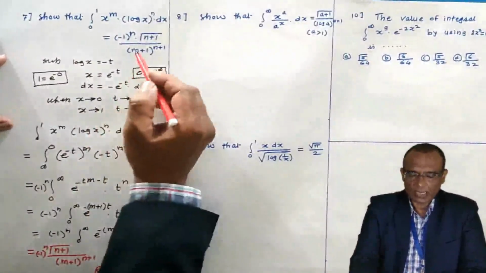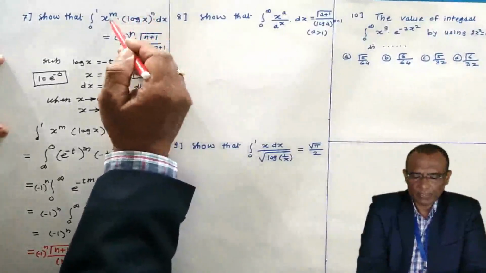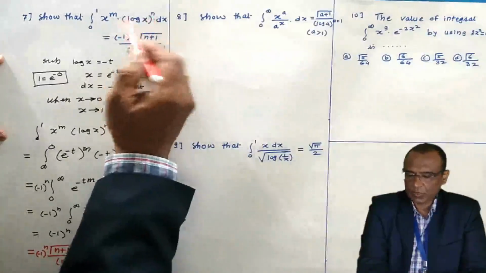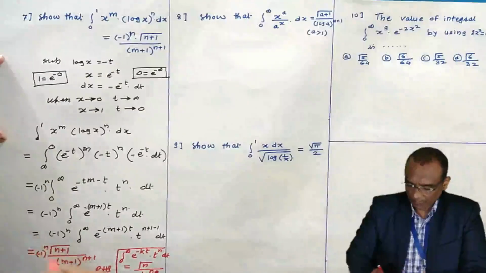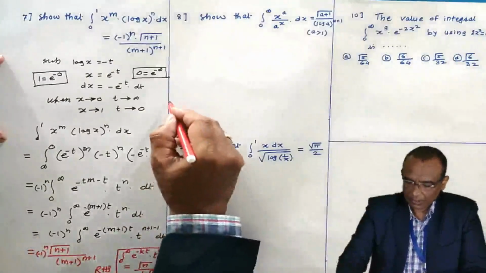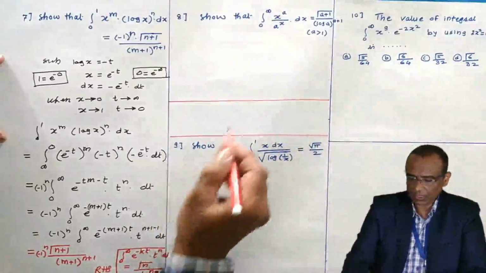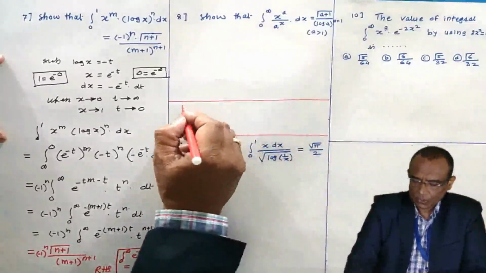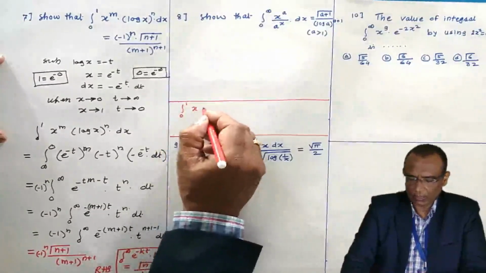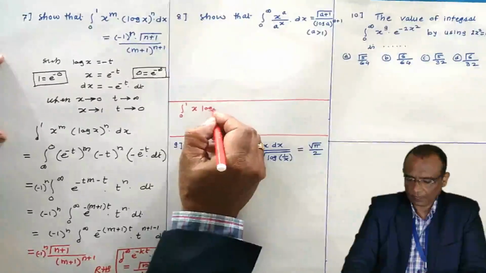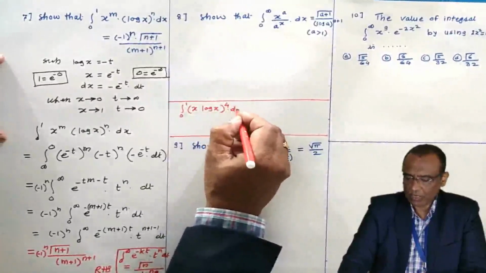In examination as an MCQ, m and n may be replaced by any other fixed constant. For example, we don't have space here, that's why I am writing separately. Suppose you have been asked to find the value of this integral as an MCQ.